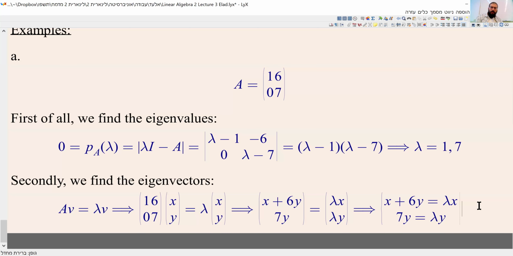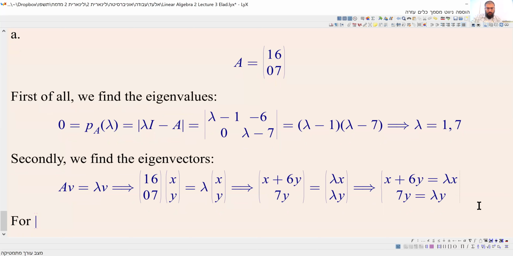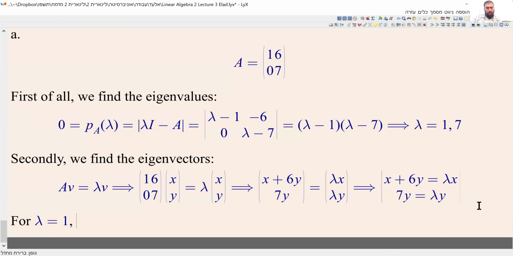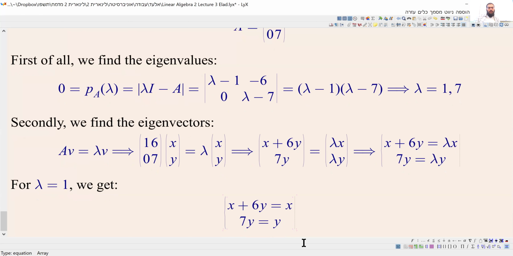It's all good. So what do we get for lambda is 1? Lambda is 1, so we get x and y.